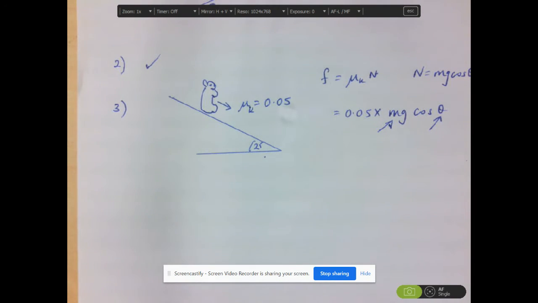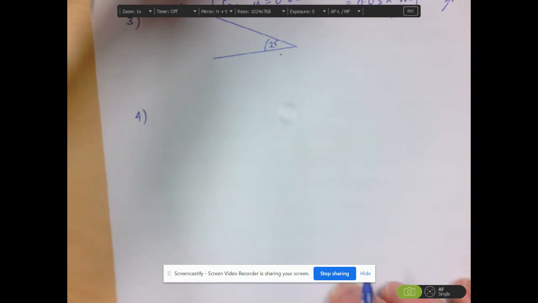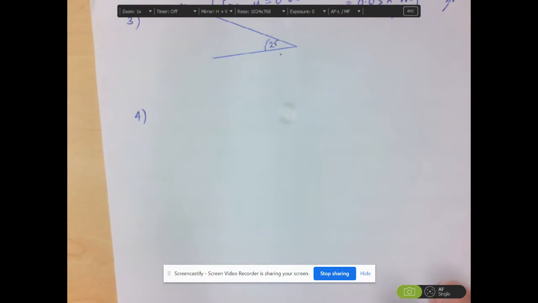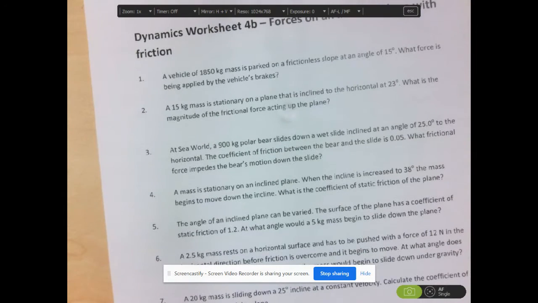Okay, moving on again. Question 4 has a mass stationary on an inclined plane. When the inclined plane is increased to 38 degrees, the mass begins to move. So what is the coefficient of static friction?